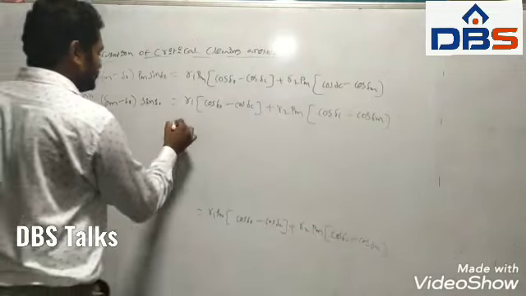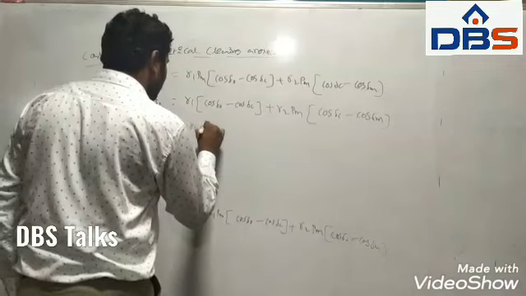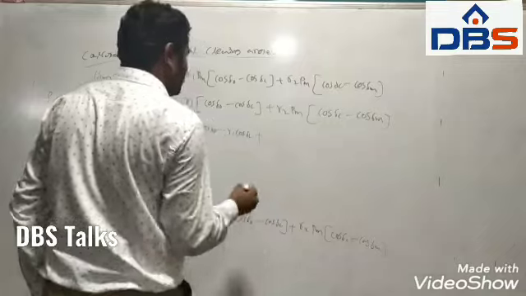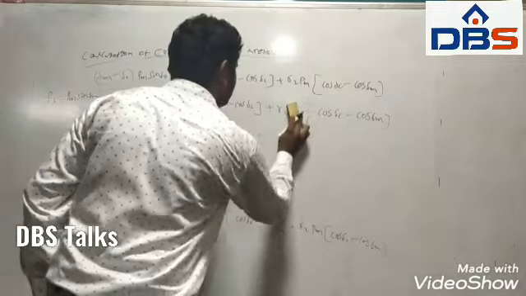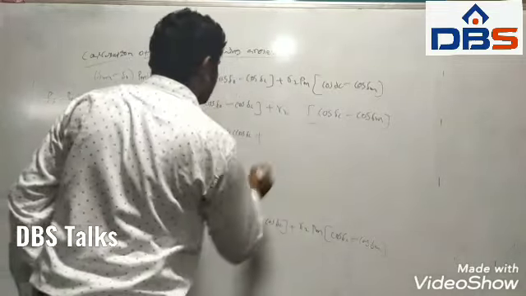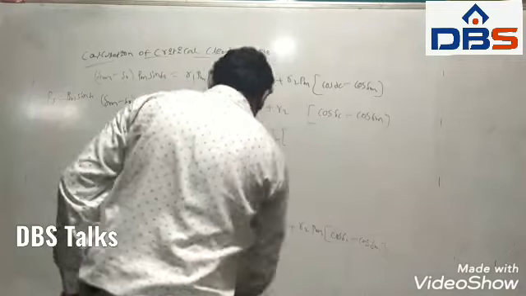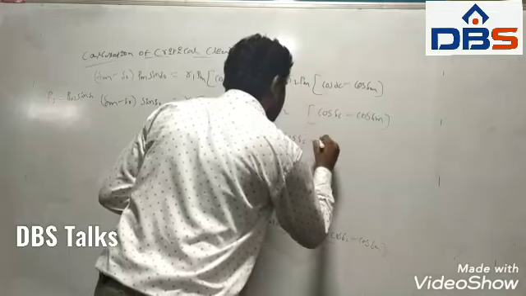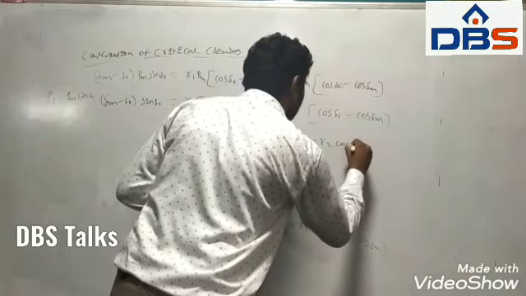So from this one we are writing r1 cos delta naught minus r1 cos delta c plus r2 cos delta c minus r2 cos delta m.